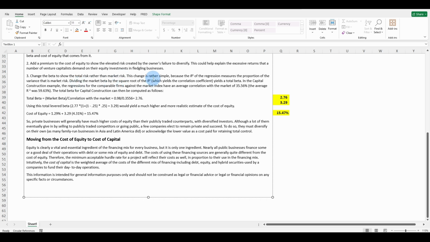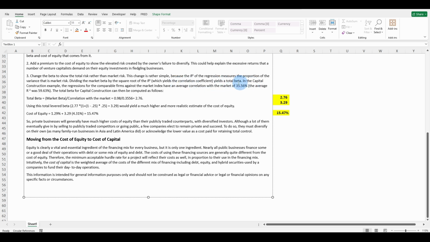This change is rather simple because the R-squared of the regression measures the proportion of the variance that is market risk. Dividing the market beta by the square root of the R-squared, which yields the correlation coefficient, yields a total beta.